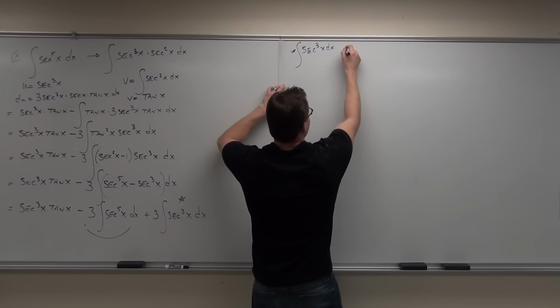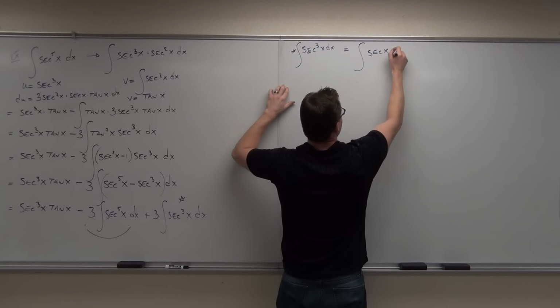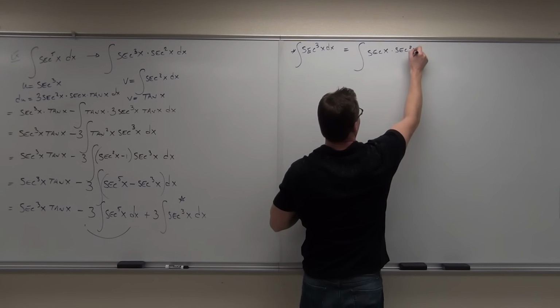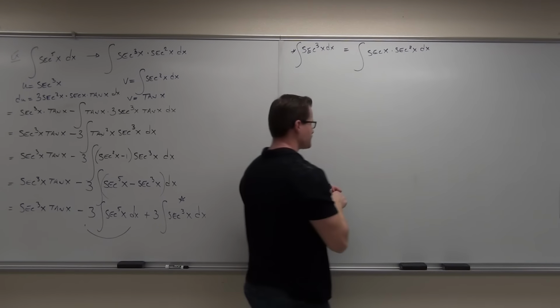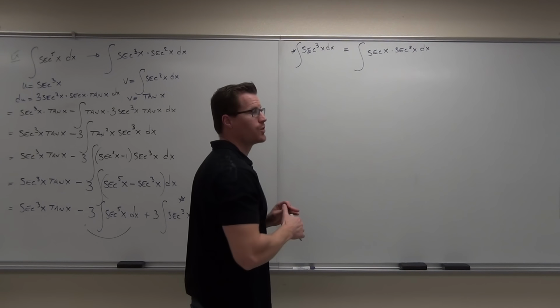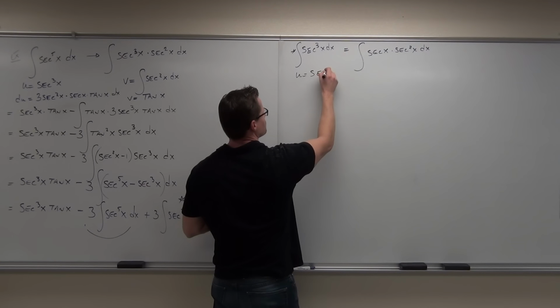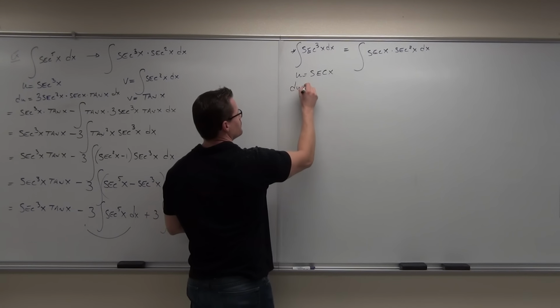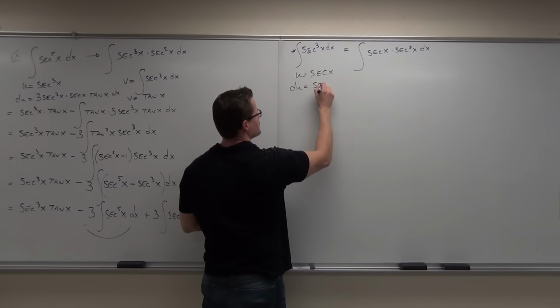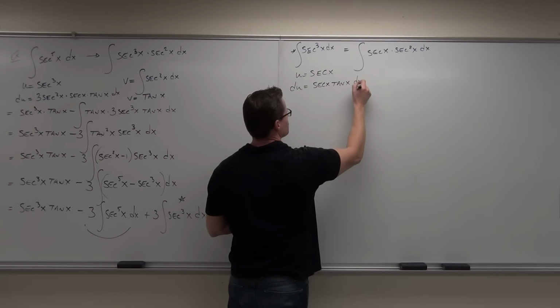So this becomes integral of secant x times secant squared x dx. Same exact idea. Strip off something that you know the integral for. Well, then u equals secant x. The derivative is secant x tangent x dx.